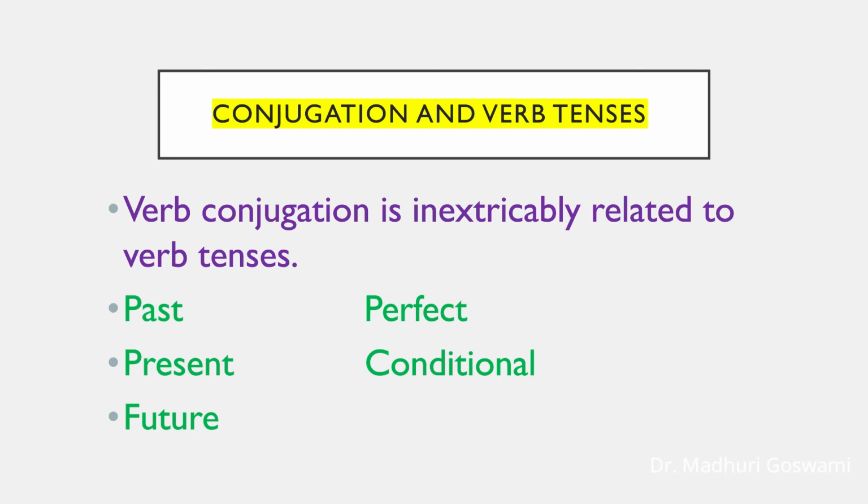So, it's not as if you have to learn up to 16 different conjugations. In English, we can break the tenses down to 5 main areas according to some grammarians like past, present, future, perfect, and conditional. Now let's have a look at the past tense conjugations.